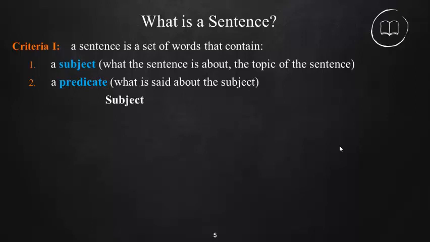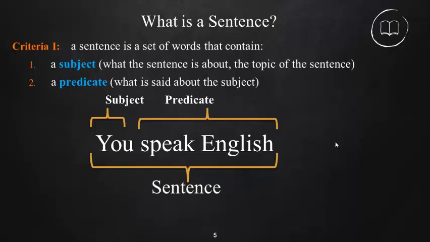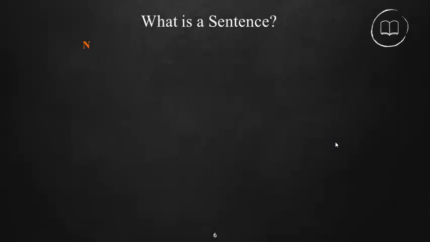Let's have an example. You speak English. The subject is you. And the whole speak English is the predicate. Speak is the verb, but the predicate is speak English, everything that goes with the verb. So the whole thing is a sentence.